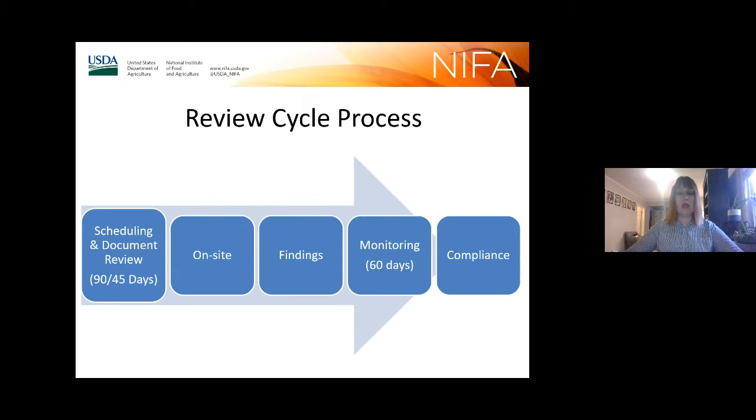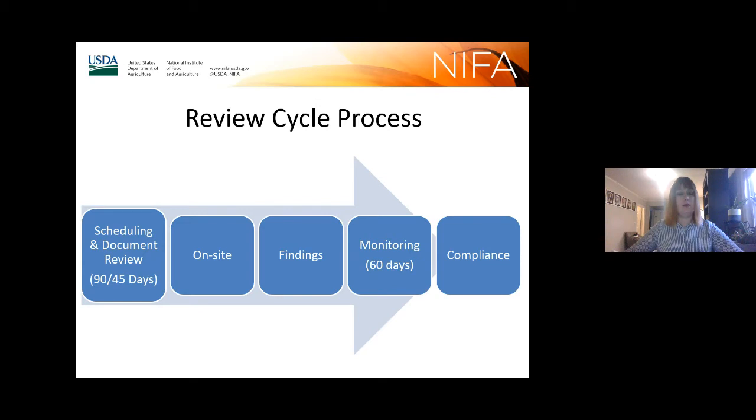If you respond with a corrective action plan, we would continue monitoring as you implement those corrective action plans until we get the documentation showing that the corrective actions were implemented. And then once we have documentation that all of the corrective actions have been implemented, we will go ahead and issue the certification of compliance letter, which is the same letter you would have received at the finding stage had we found everything in order at that stage after conducting our compliance review.